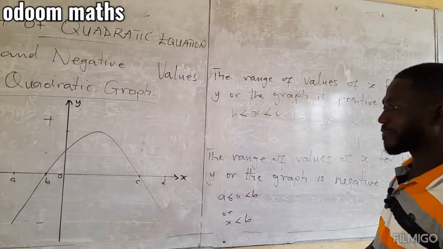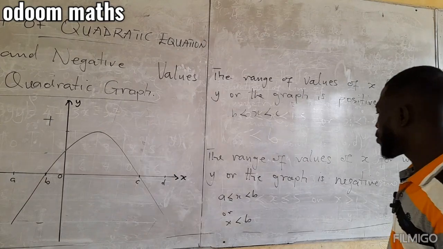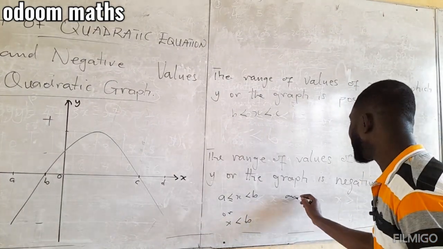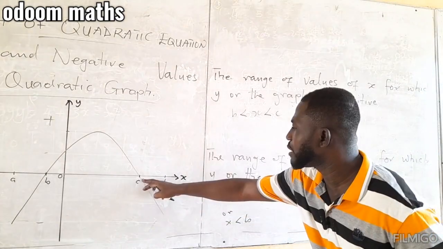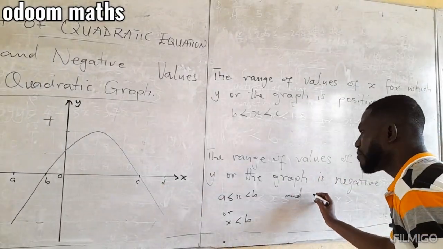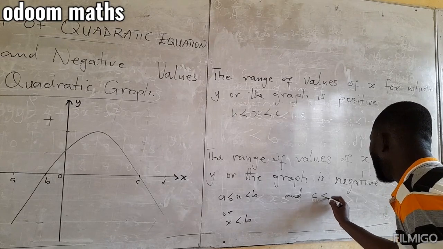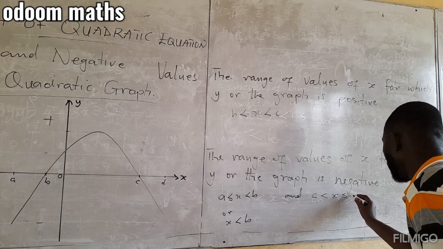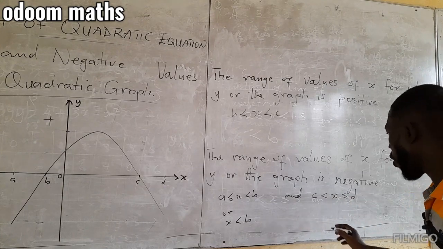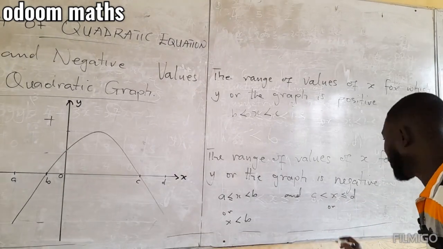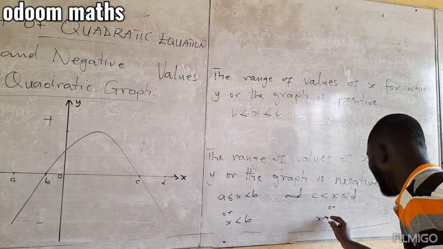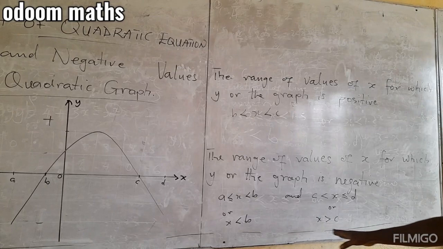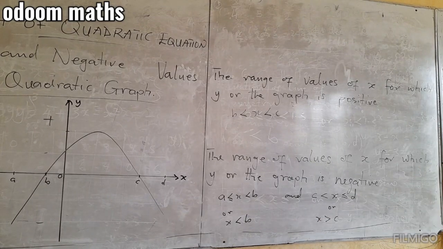That is also accepted. Then again, between c and d too, c is not part. So c less than x less or equal to d, or we say that x values that are greater than c will make the graph negative.